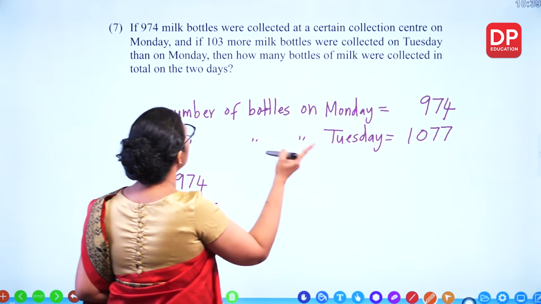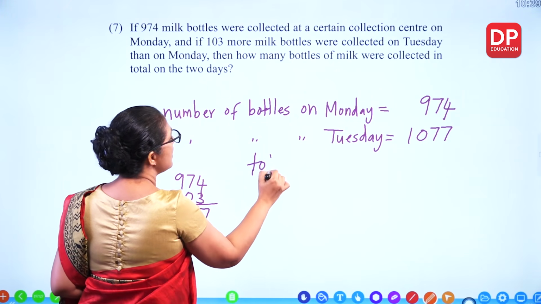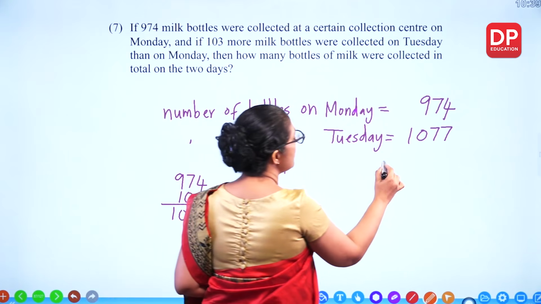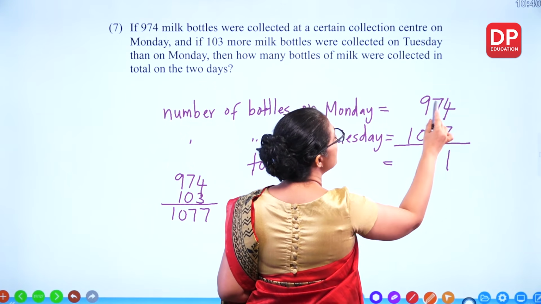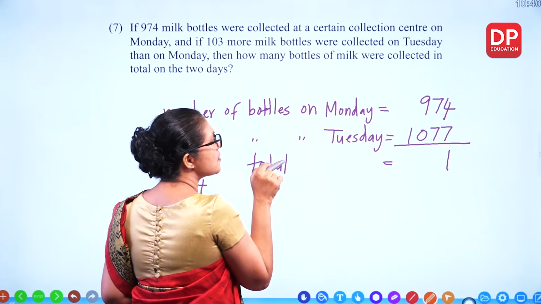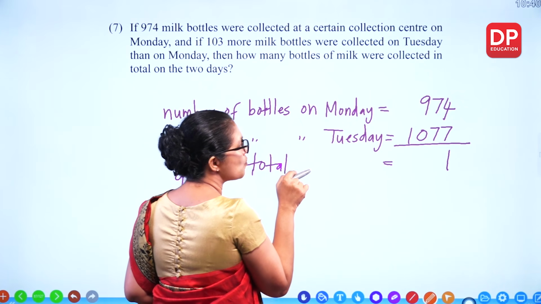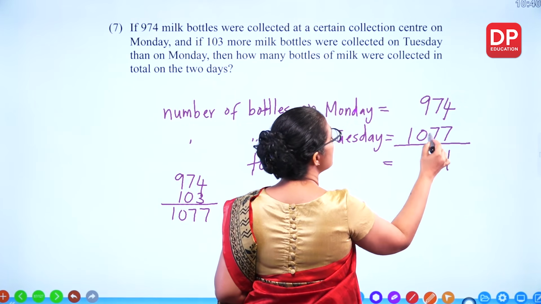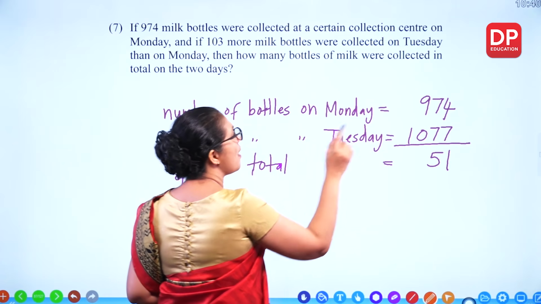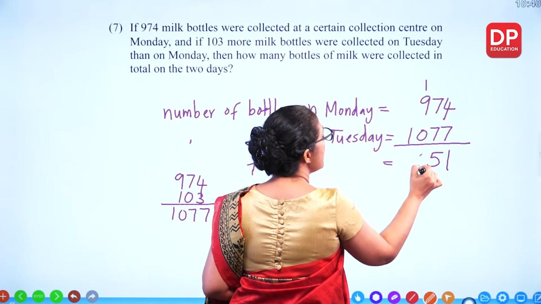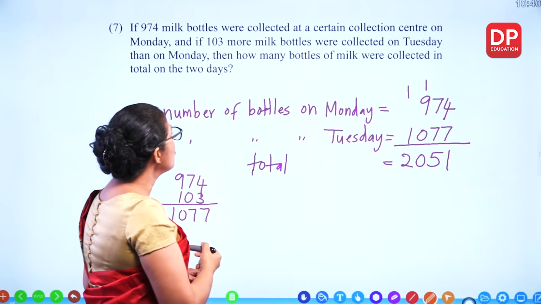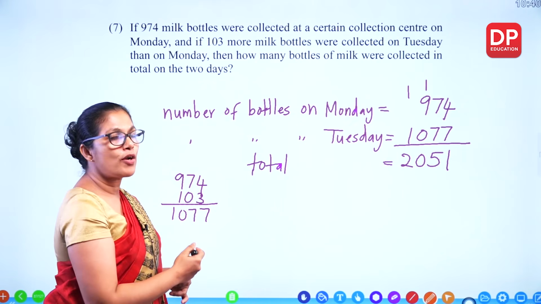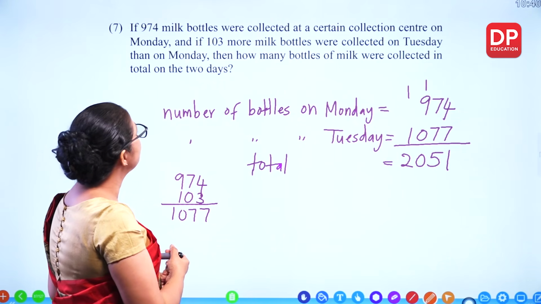Now we can find out the total number by just adding these two. 7 plus 4, 11. And 1 there. 7 plus 7, 14 plus 1, 15. And 1 you take it up. 1 plus 9, 10. And 1 becomes 2. 2,051 bottles altogether.